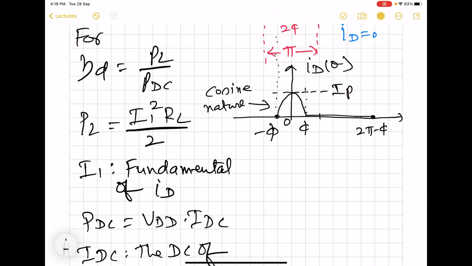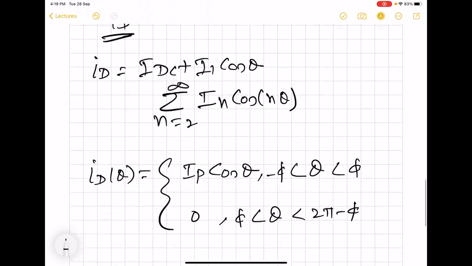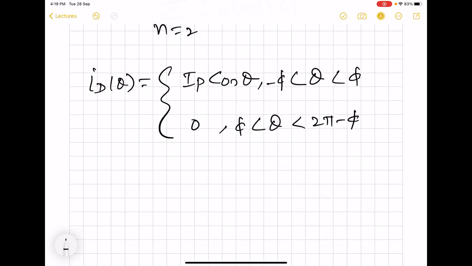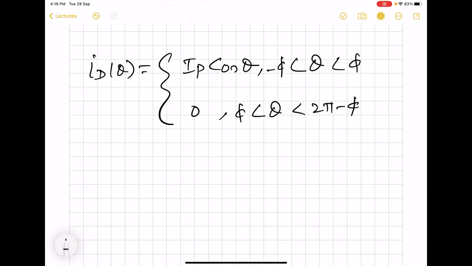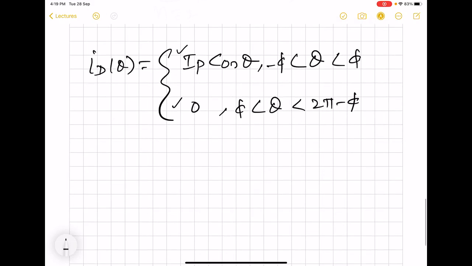So this is part of a cosine function. But here, whatever expression that we have written, if you plot it, then there will be a discontinuity at this boundary between 0 and the cosine nature. Because here you can see that.